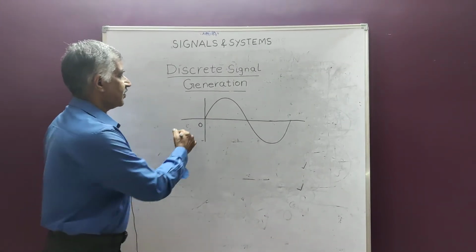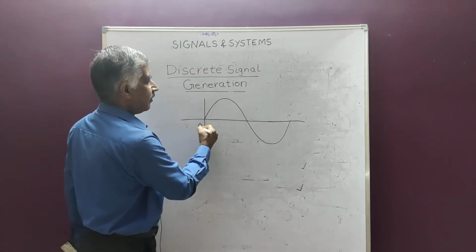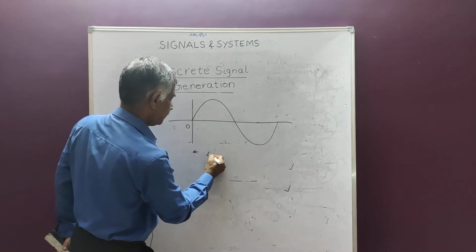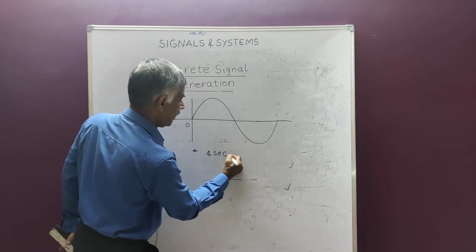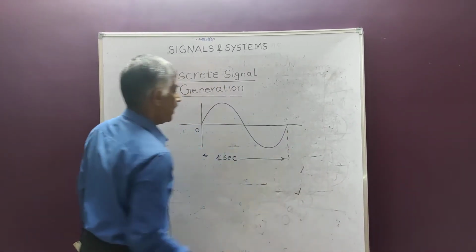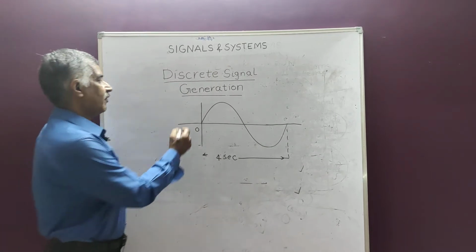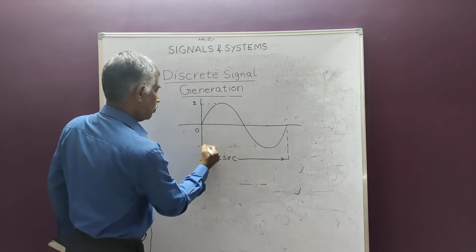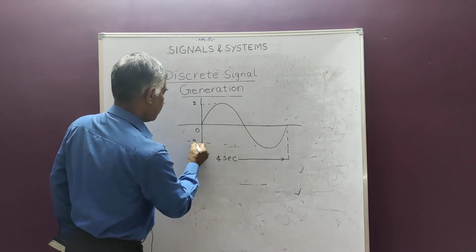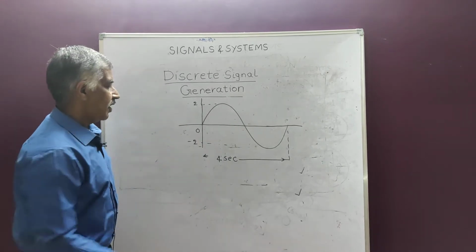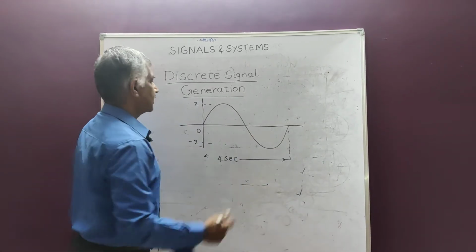Take the example of a sine wave having a period of 4 seconds. Take a sine wave of amplitude 2, minus 2. Now this is a sine wave of period 4 seconds.